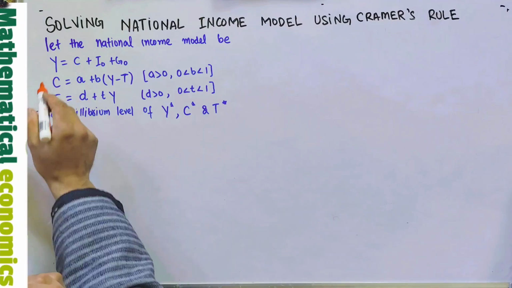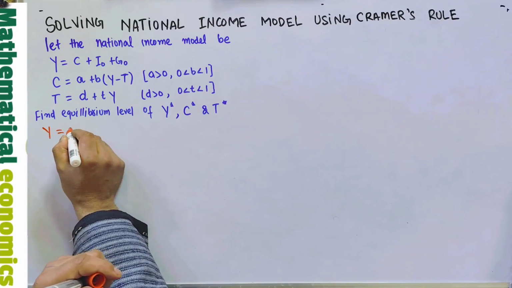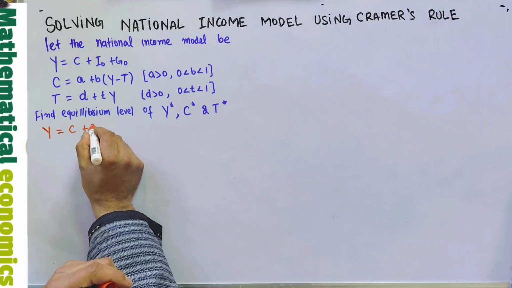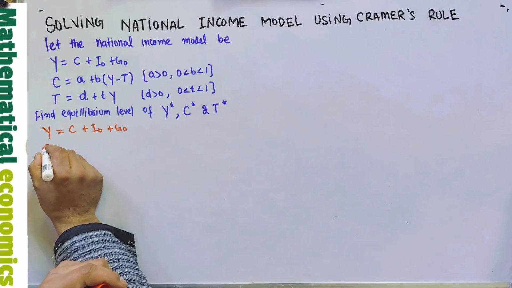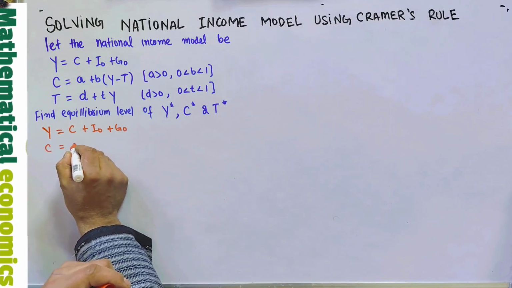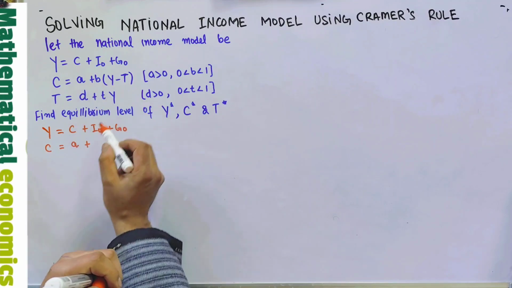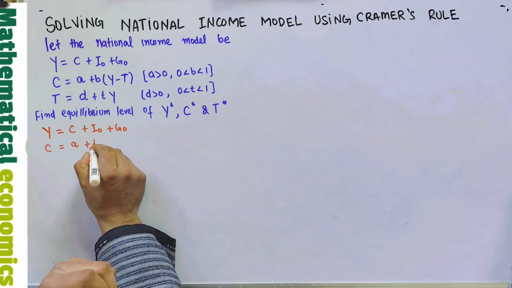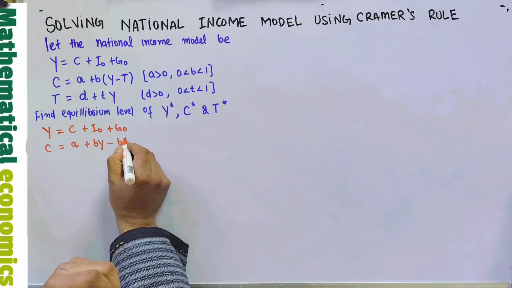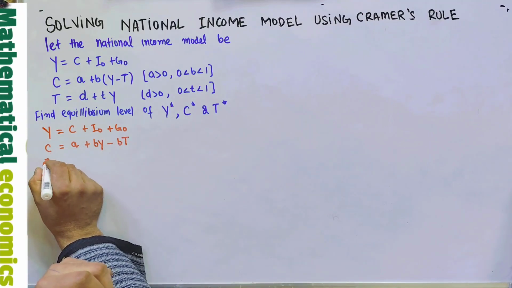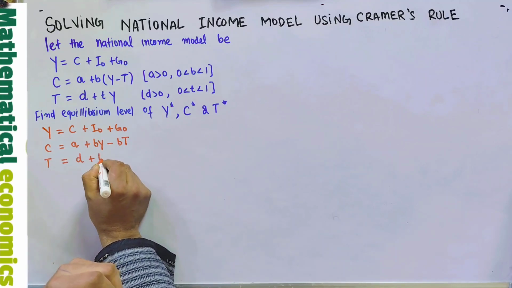We have y equals c plus I naught plus g naught. Then we have c equals a plus, solving this, b times y minus bt, and similarly we have t equals d plus ty.